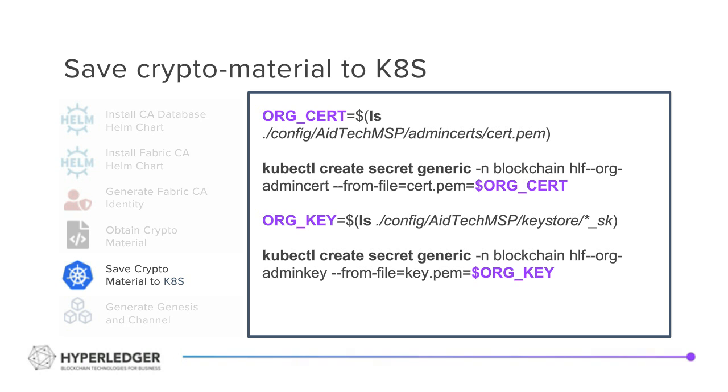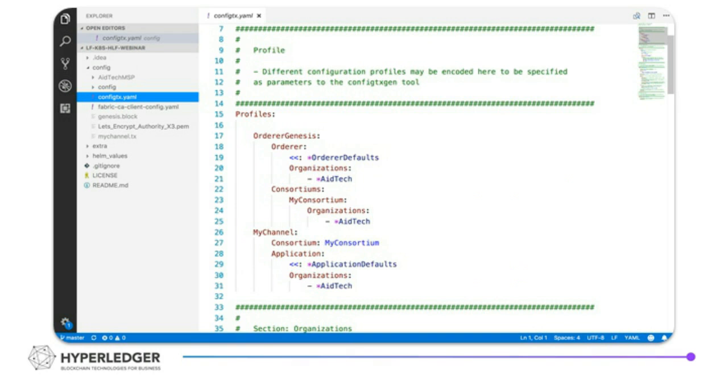Before we go to the next section, let's actually look at the configtx YAML file, which defines the structure of our Fabric consortium, organizations, and the channels. Here we specify two profiles, one for the Orderer Genesis block and one for a Fabric channel called My Channel.